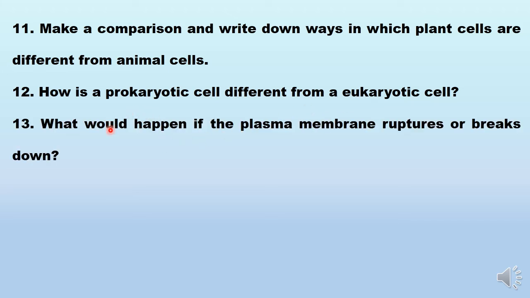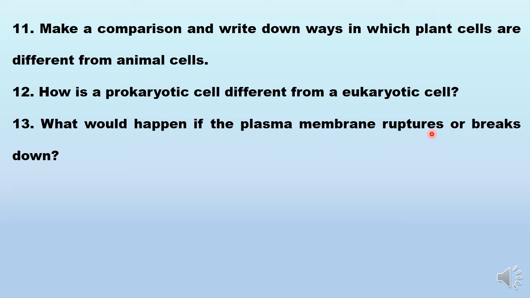Now, what would happen if the plasma membrane ruptures or breaks down? If the plasma membrane ruptures, then it will not be able to regulate the in and out movement of various substances. The main function of plasma membrane is to keep the inner environment segregated from the outer environment.